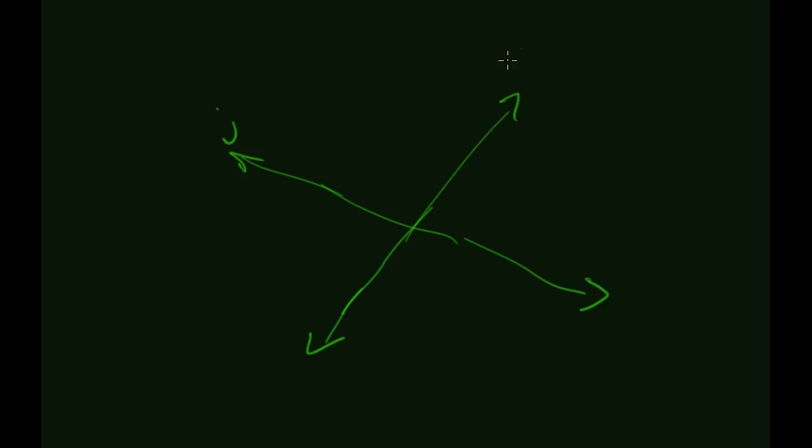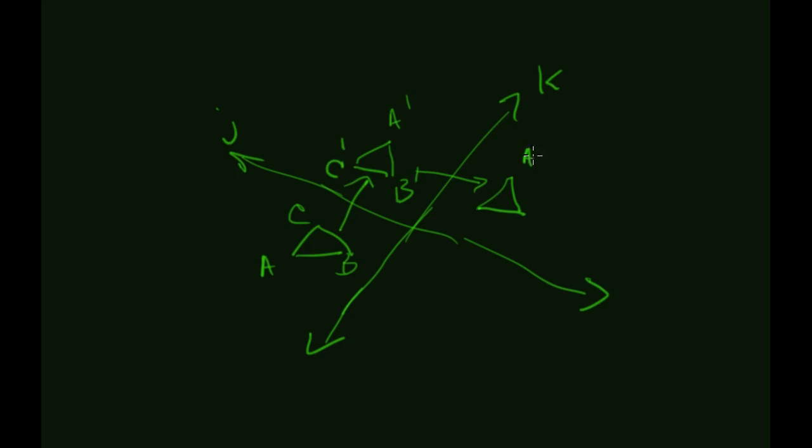Let's call this one J and this one K. I have my little triangle here, and I reflect it over J. And then I reflect it over K. So let's call this A, B, C. This is going to be A prime, B prime, C prime, which makes this A double prime, B double prime, C double prime.